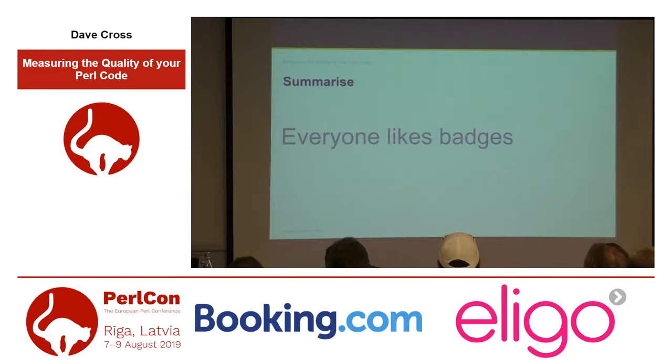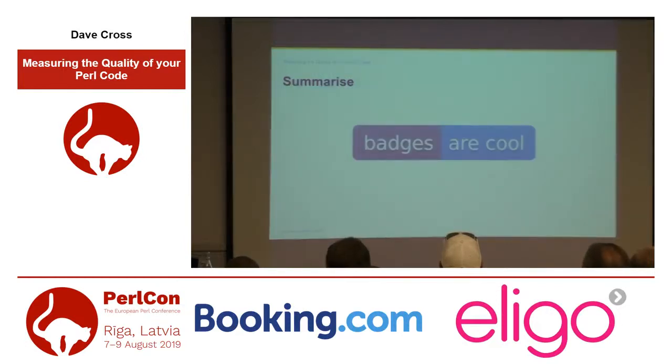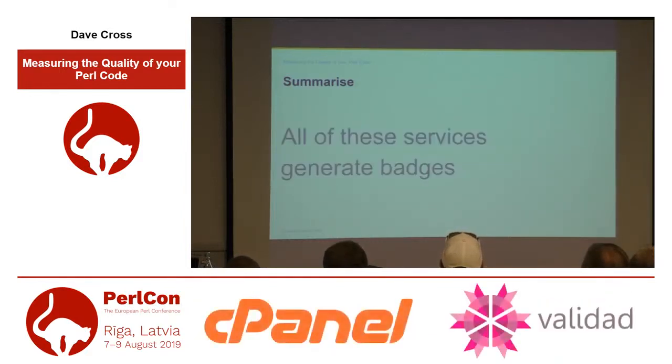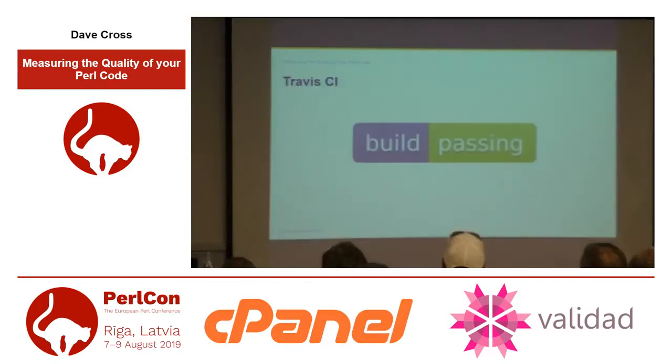Everyone likes badges, right? I don't mean stick it on your lapel badges, but those badges that you see appearing all over the place, these two-tone things. Those badges are cool. And all of these services generate badges.